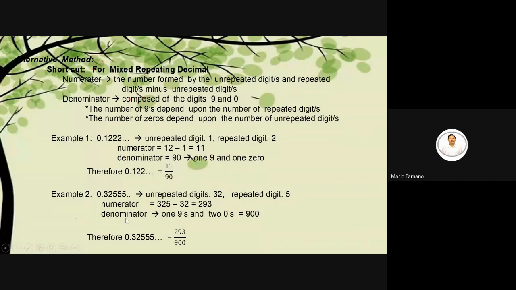Tapos, ang denominator ninyo, since 1 nine and 2 zeros, kaya 900. Okay po? Naintindihan? Kaya therefore, yung 0.32555, that is 293 over 900. Okay? So, kapag ganito merong unrepeated, meron tayong tinatawag na 90, 900.